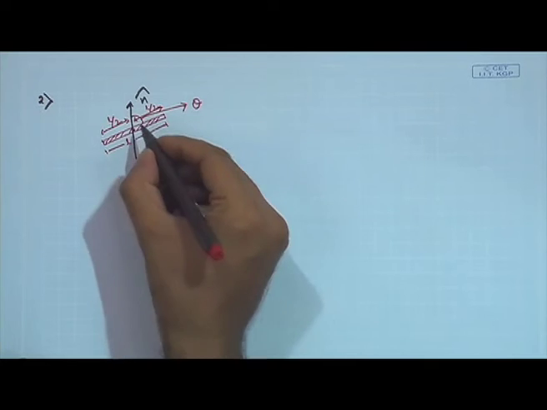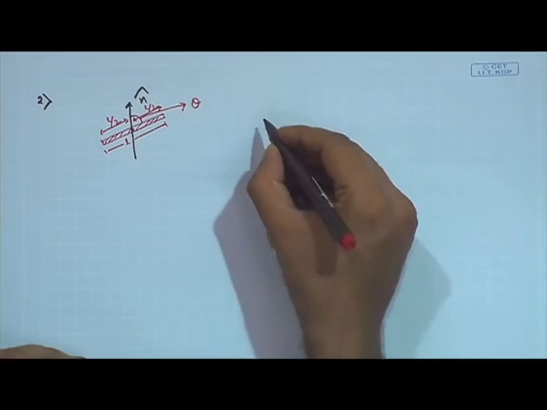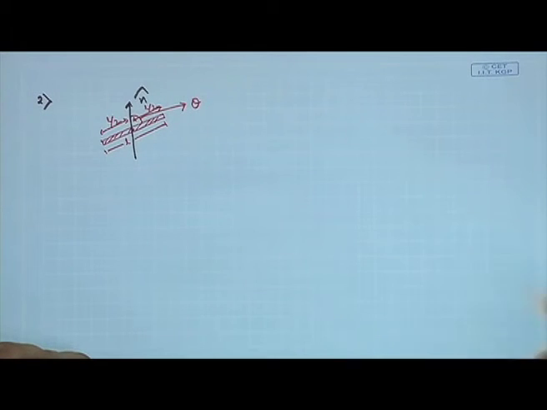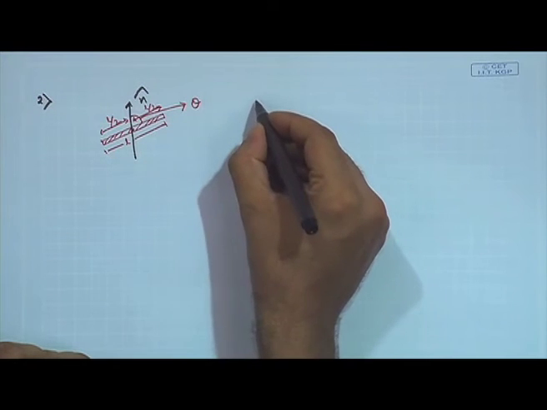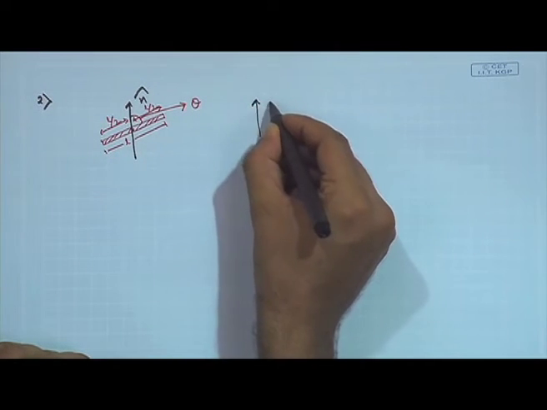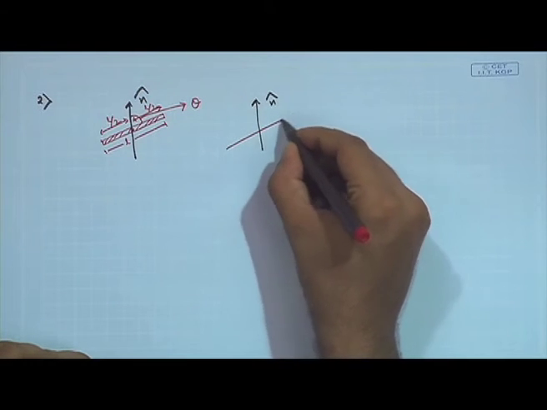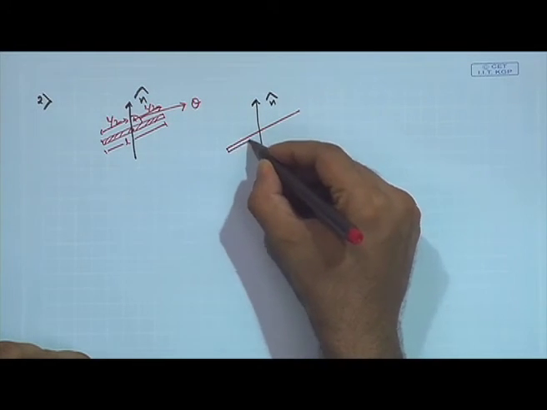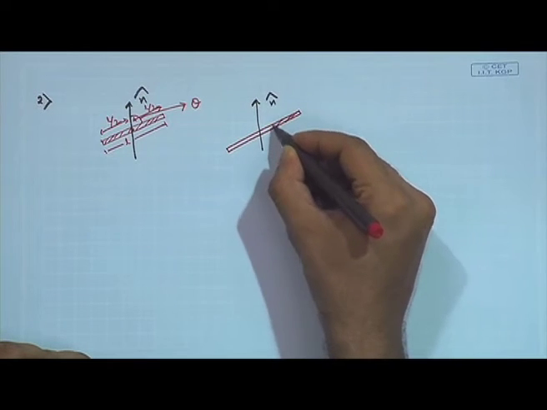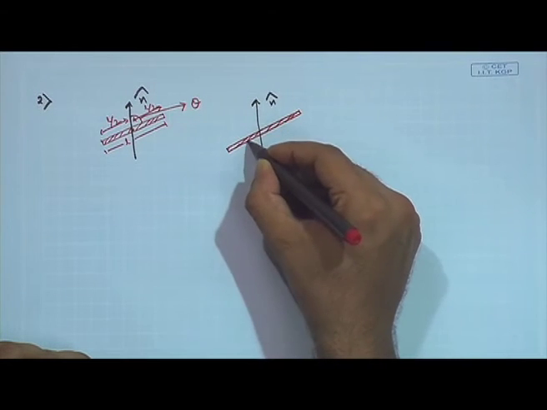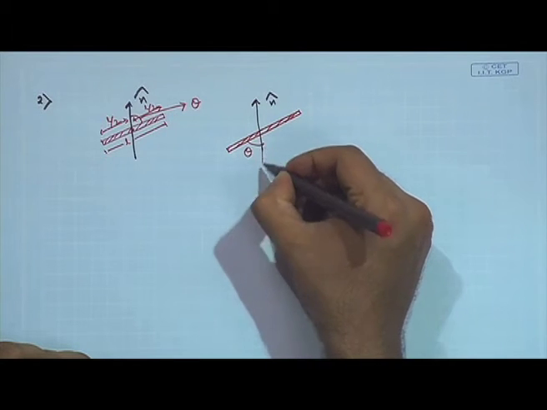Let me draw it again for better clarity, because I have marked so many things on it. This is my axis n capped, and this is the rod in question. This angle is theta.